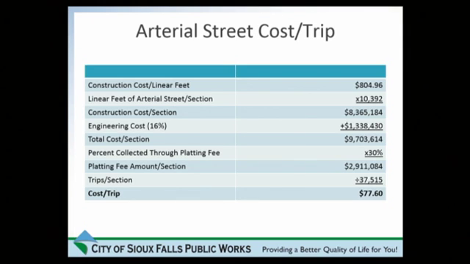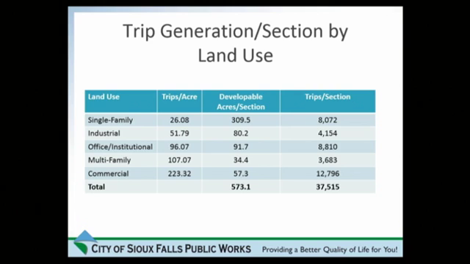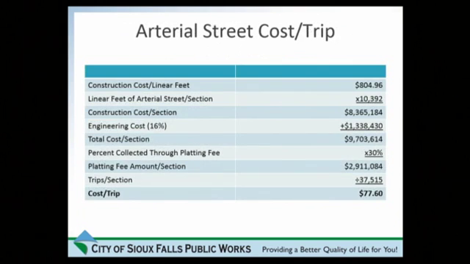Then we talked about we're trying to capture 30% of those costs. So you take 30% of the 9.7, now you're at 2.9. You take that 2.9 million and divide it by the trips per section that we calculated prior, and now our cost per trip is $77.60.